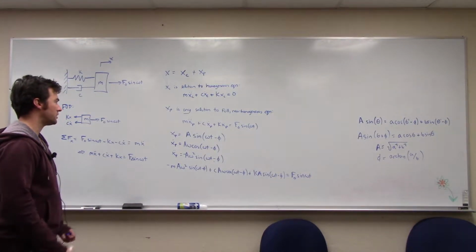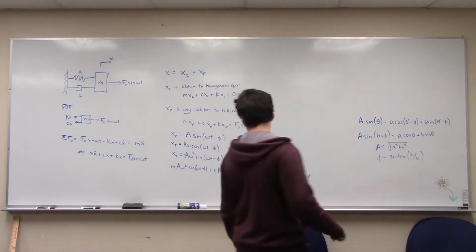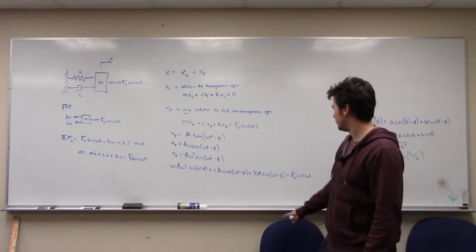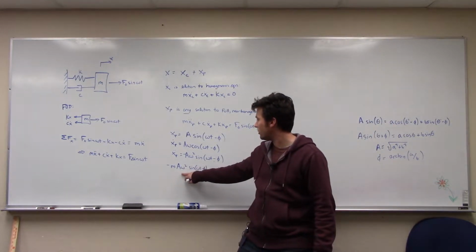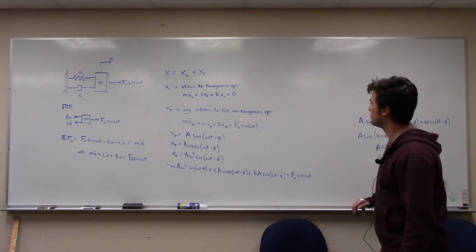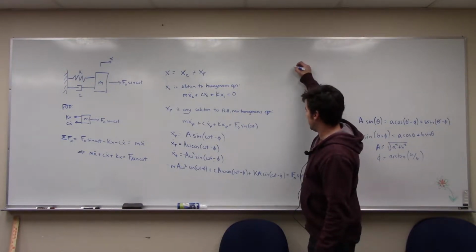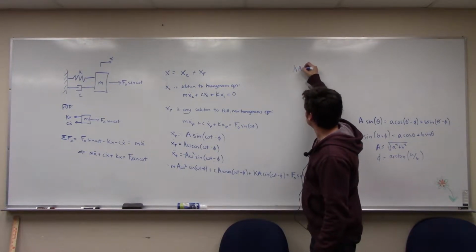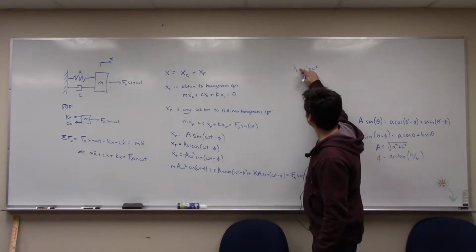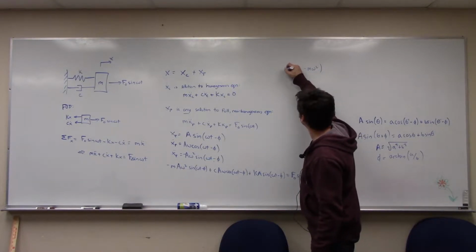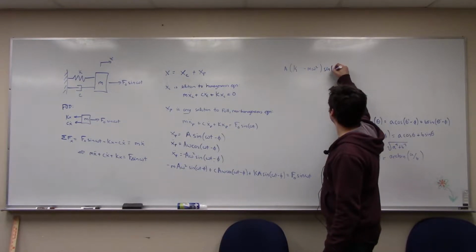Let's group terms. We've got k A sine of omega t minus phi and a minus m A omega squared sine of omega t minus phi. Let's group those: we've got k minus m omega squared, and let's factor out the A, times sine of omega t minus phi.